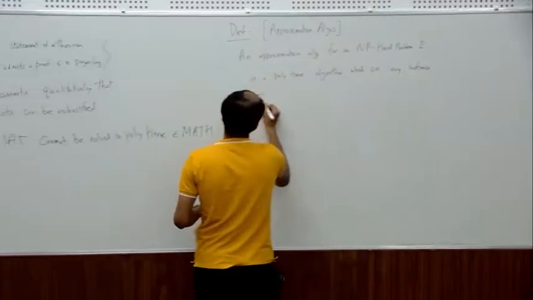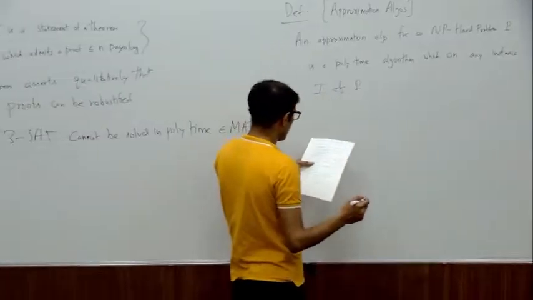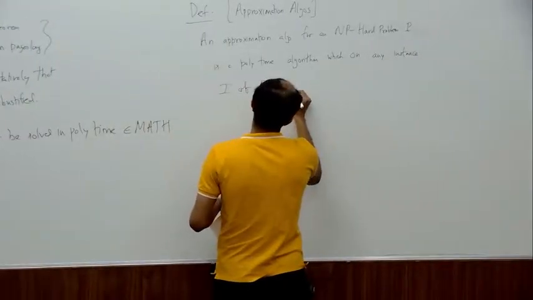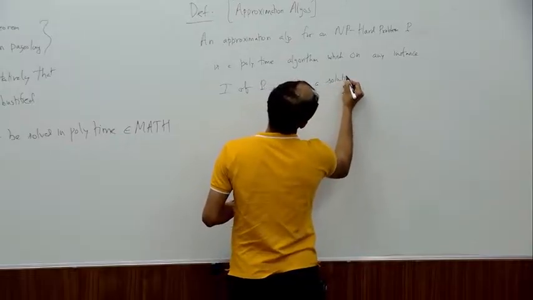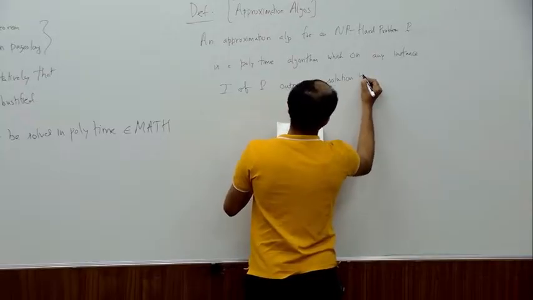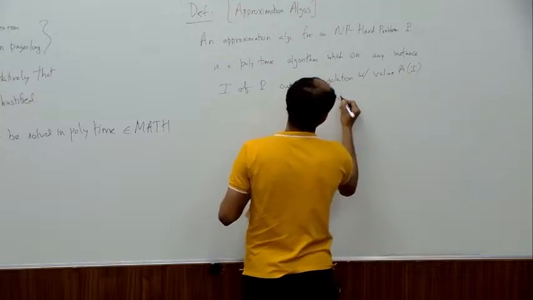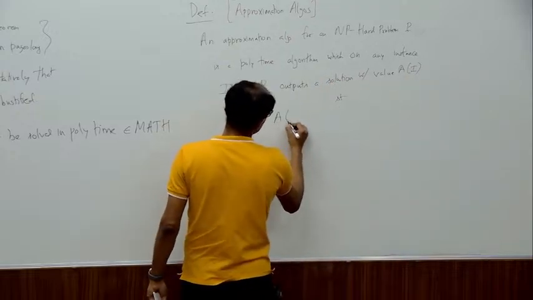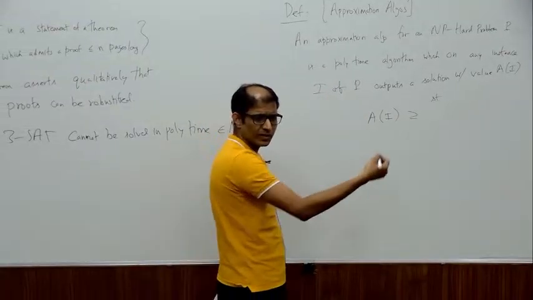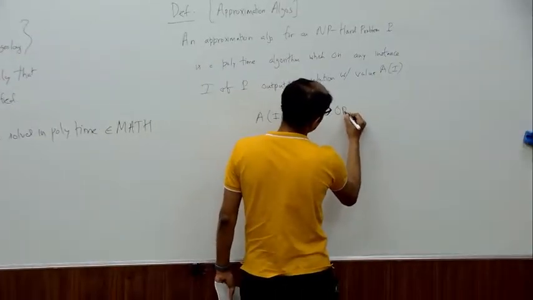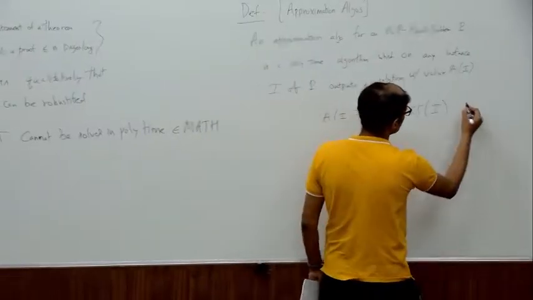so you take some instance of a problem, think vertex cover maybe, so you take a graph, outputs a solution with value A(I) such that, for maximization problems, this value is at least an alpha fraction of the optimum value. For example, for max cut, you get maybe 0.878 of the optimum value.